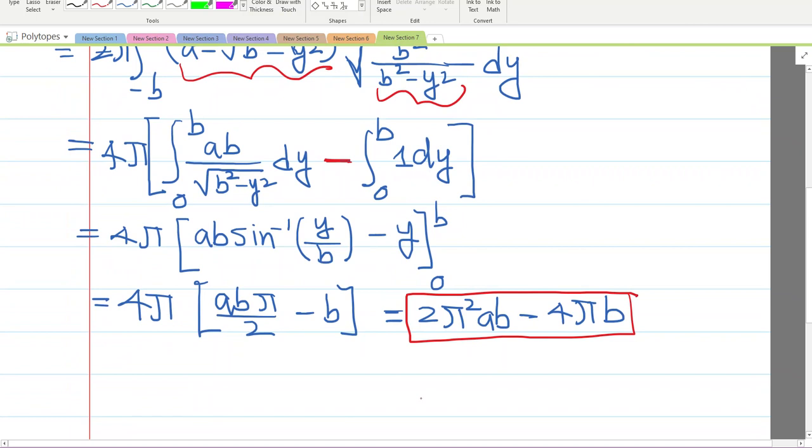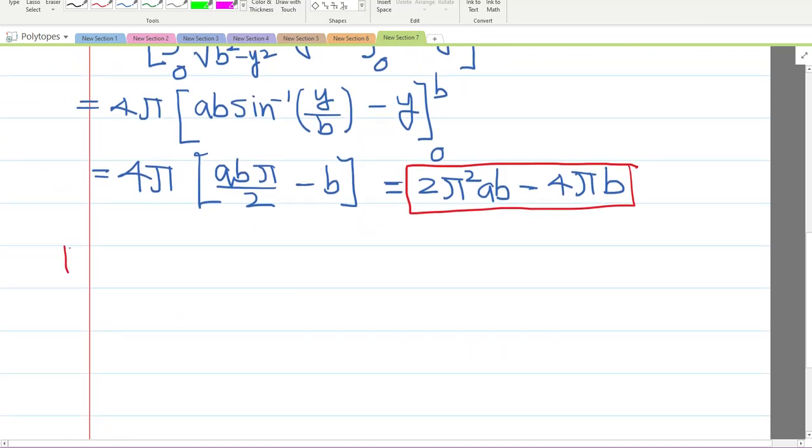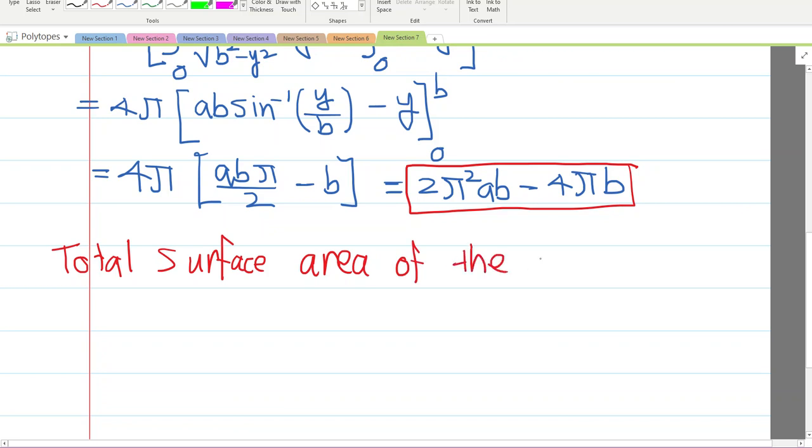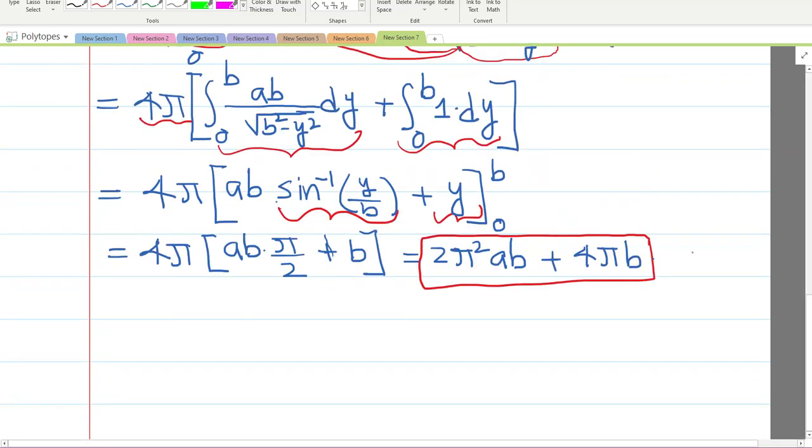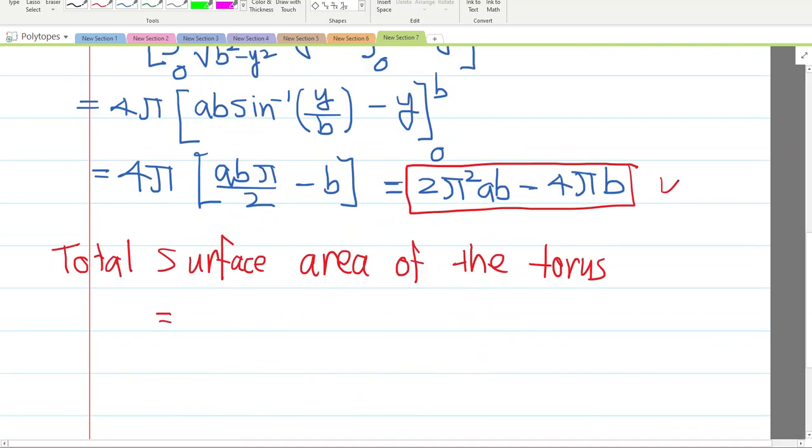Okay. So the total surface area of the torus is this area from the previous computation plus this area.